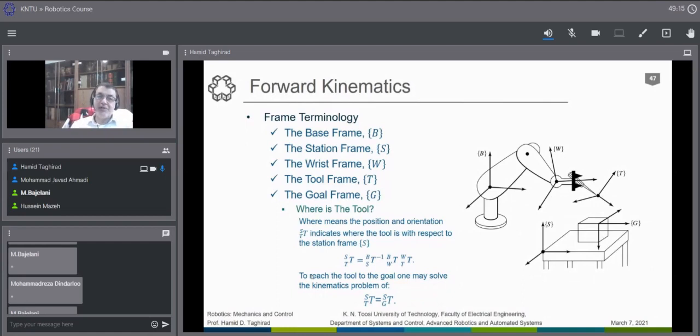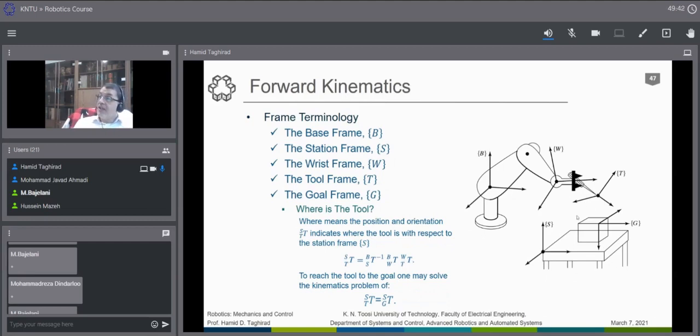If we would like the robot to go to this goal position, we need to have the transformation, the theta, such that the T with respect to this S frame is equal to the goal.